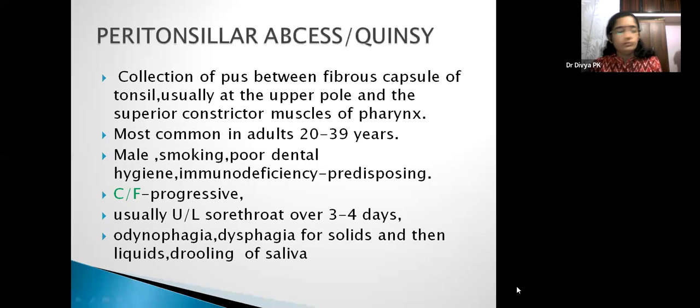The patient will present with unilateral sore throat progressing over a period of 3 to 4 days, with severe sore throat and severe odynophagia.